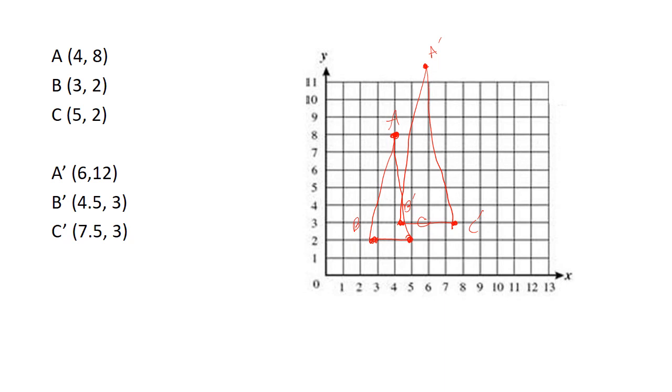If I take my corresponding vertices, A and A with a little dash, my line's probably not going to be perfect because I don't have a ruler with me. But if I drew a line, it should come right to the center right here. There's the center of origin. That's where our lines overlap.